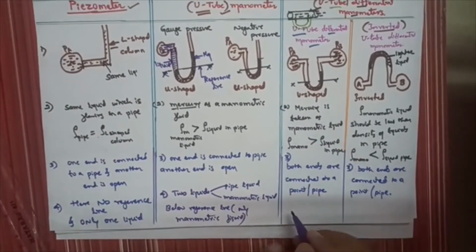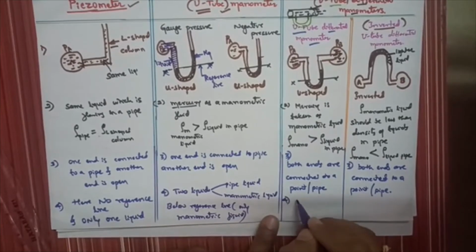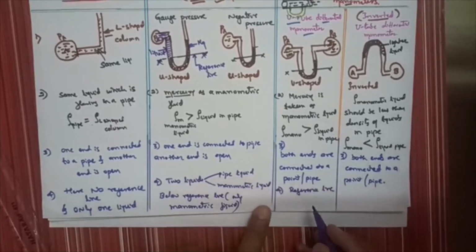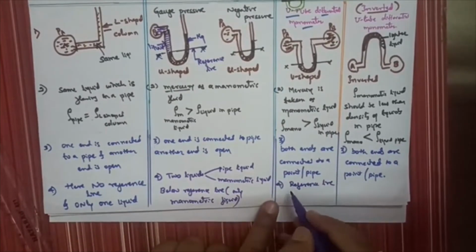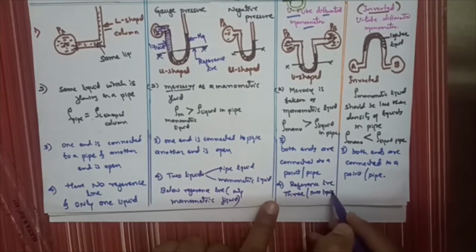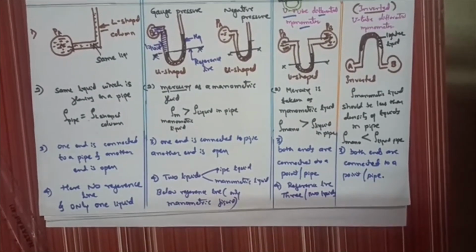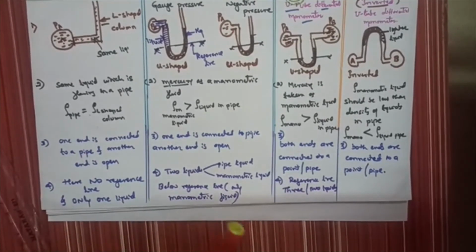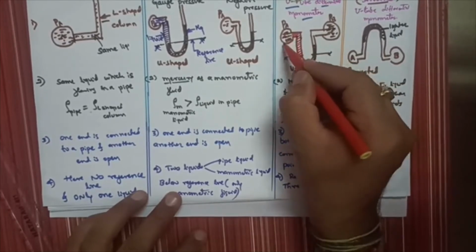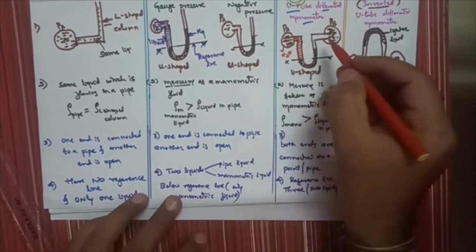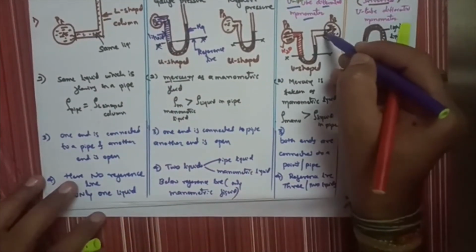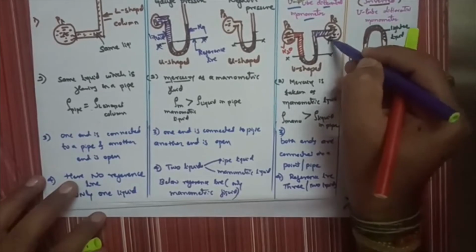And in the U-tube differential manometer, the fourth point is the same. There will be a reference line, and how many fluids will be there? Minimum 2 or 3 liquids. I will tell you how. In pipe A there is one liquid, maybe water. In pipe B there is another liquid, maybe some oil.